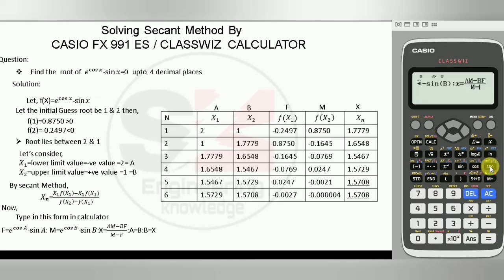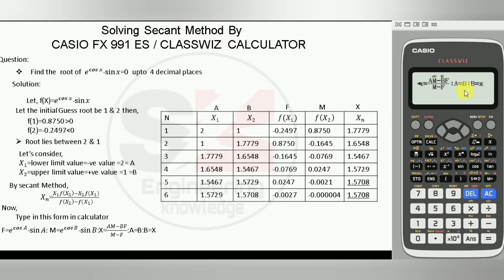Then after this, again this colon symbol, then alpha a alpha is equal to alpha b, then this colon symbol, then again alpha b is equal to x.